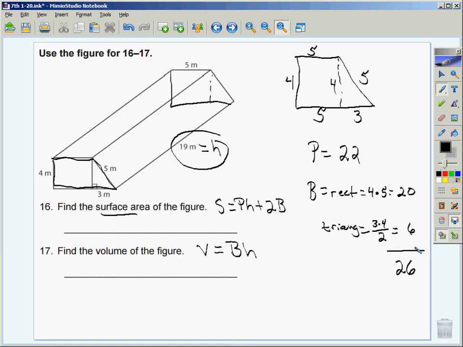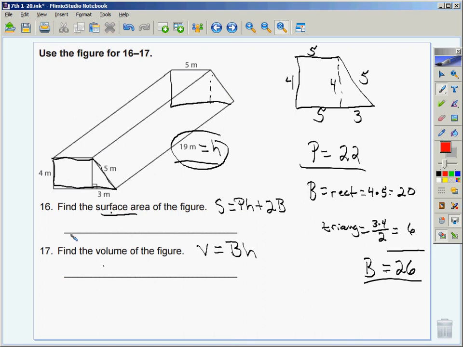And if I add those together, I get 26. There's B, there's P, there's H. In both 16 and 17, I've done the hard work. All that's left is to put those numbers back in to the formula.